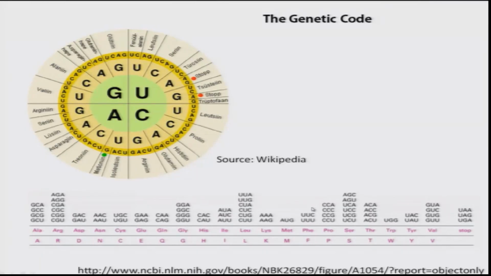So, this is the code. The 4 bases, A, G, C, and U, that you find in the RNA can have as many combinations as shown here, and each one of them has a specific code. For example, 4 different codes of triplets give the same message that it has to make alanine.